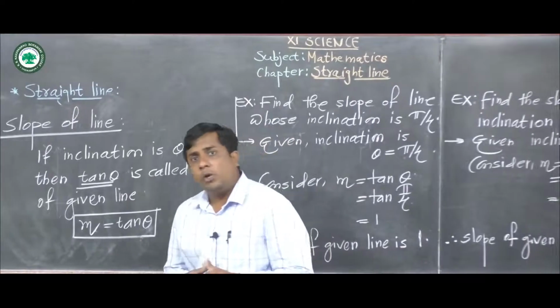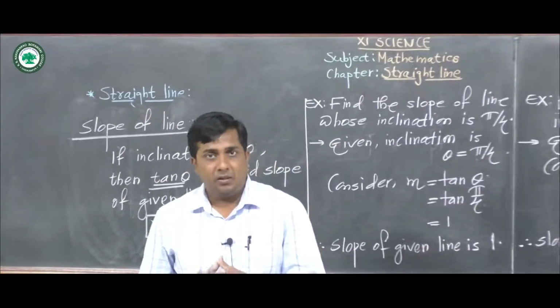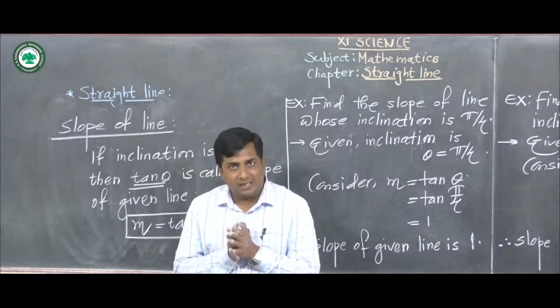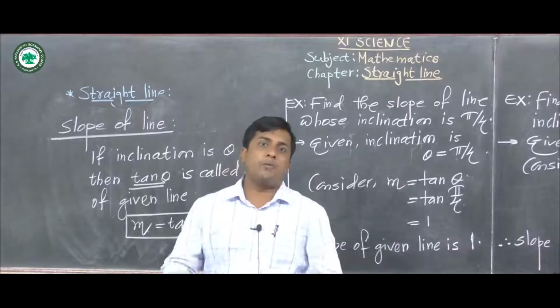Okay, now we go with our next part. In that we consider 2 points. If in the line 2 points are given, then how to find the slope of the given line?